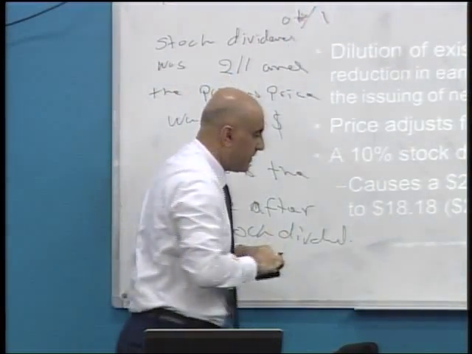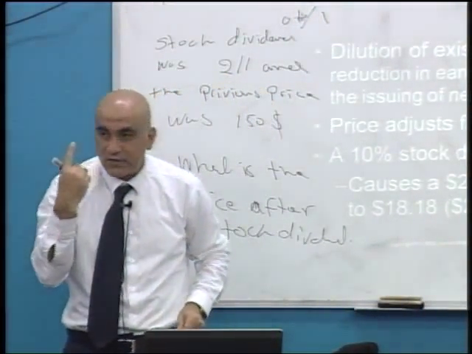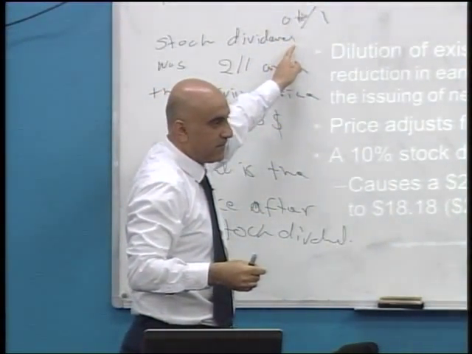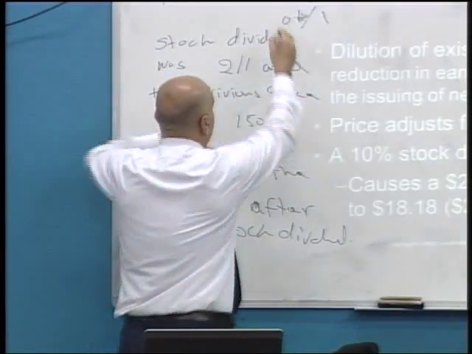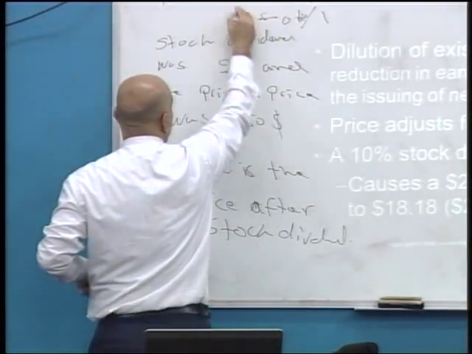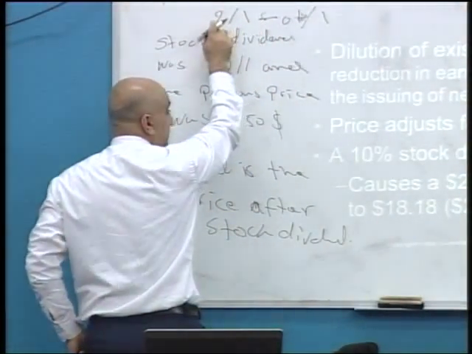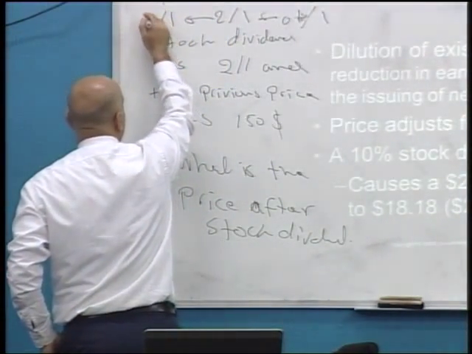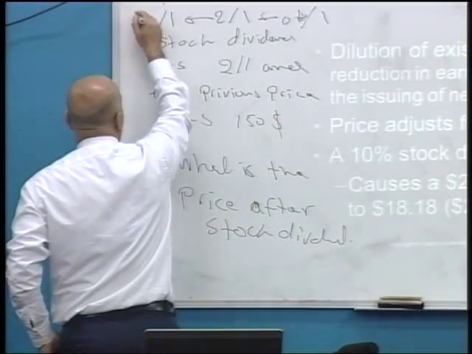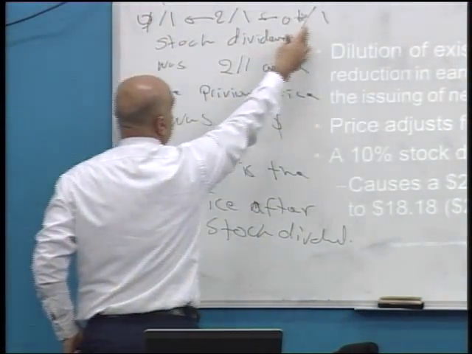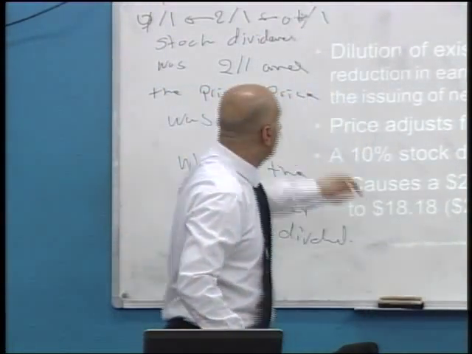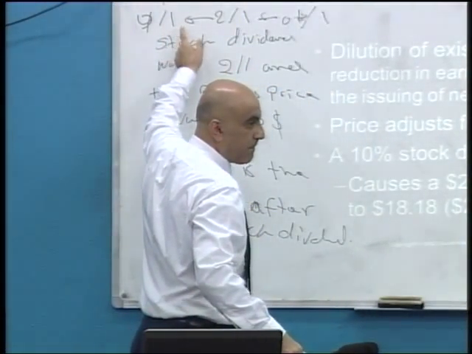It means each one stock receives 0.10. Let's take this example: 1 to 2. Each one stock receives 2 stocks. Take another example: 1 stock receives 4 stocks. Just start from the right. 1 receives 4.